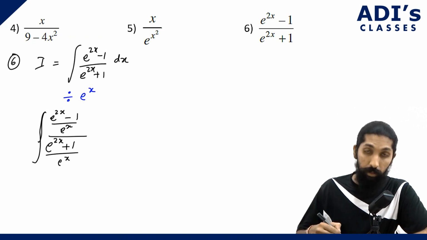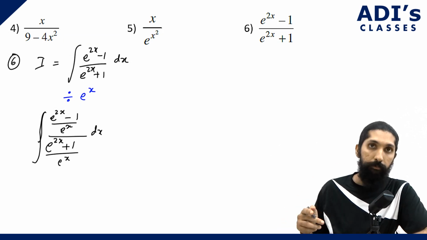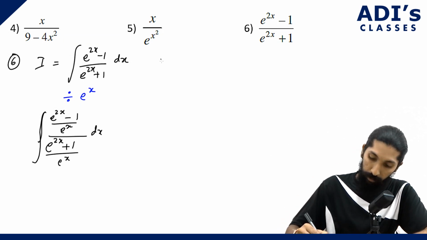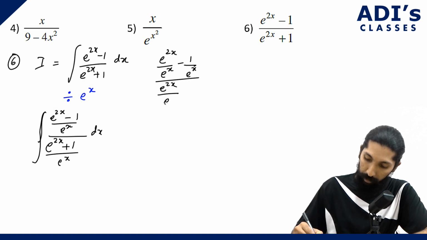Remember, the integral is there for the whole thing. Now, individually divide. That means you will have e power 2x by e power x minus 1 by e power x, e power 2x by e power x plus 1 by e to the power of x. So, integral of the whole thing.